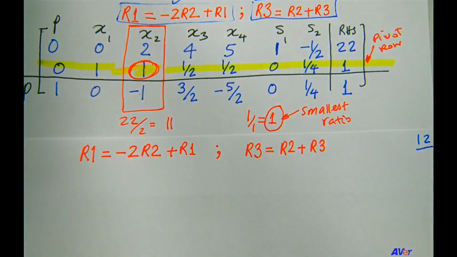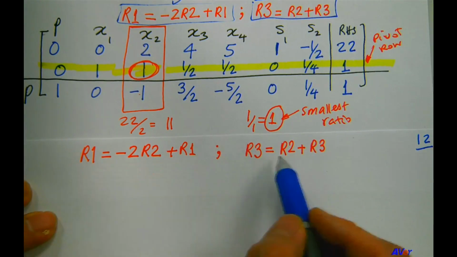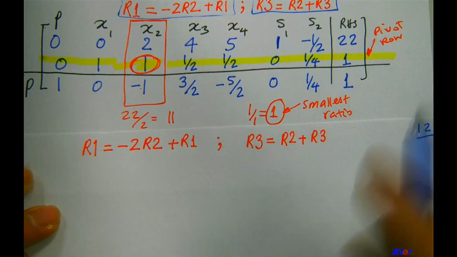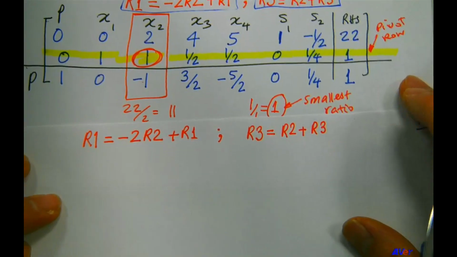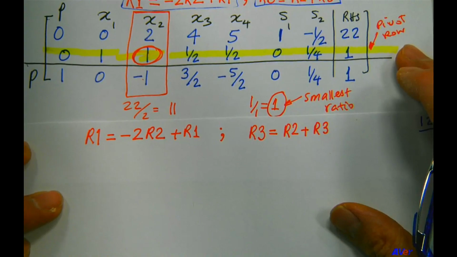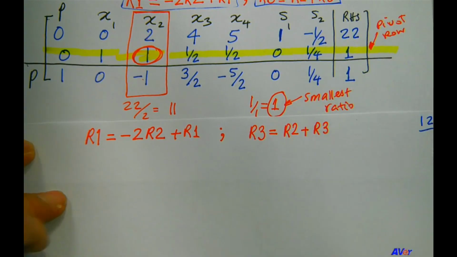Okay. So I'm assuming you've done that. I hope you finished this problem all the way to the end. I'm going to carry out these row operations to write down the next tableau. Let me make sure that everything is on the screen here. Now that should be good. All right.